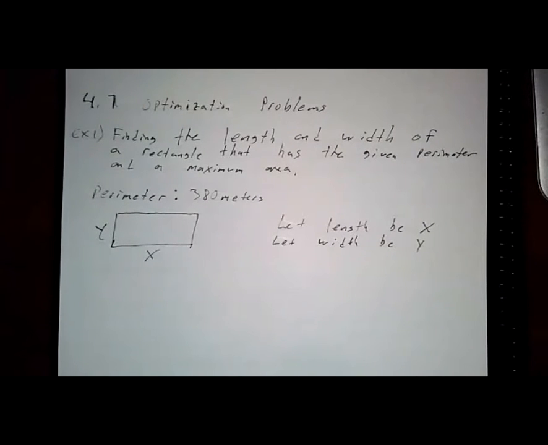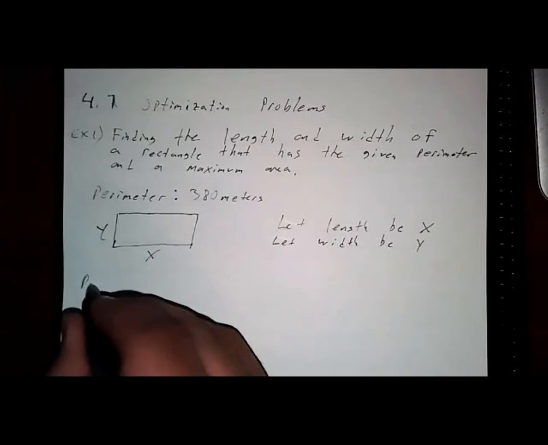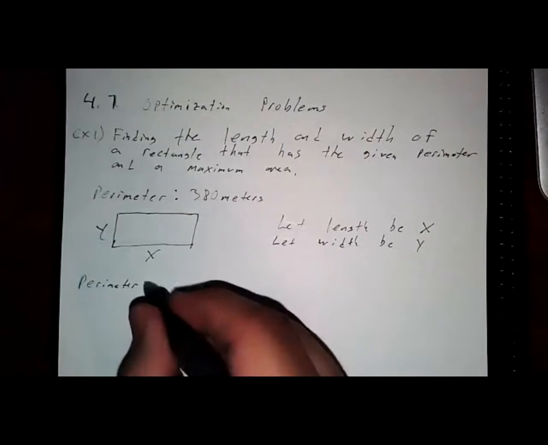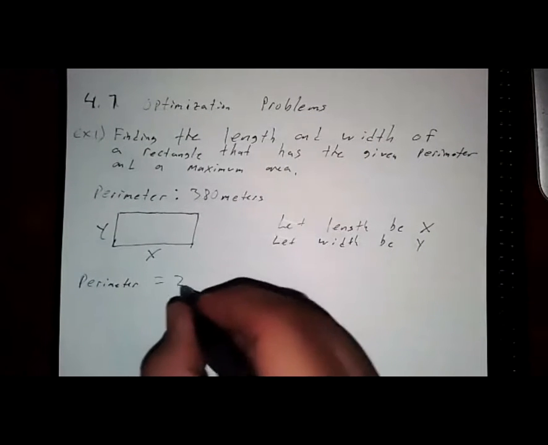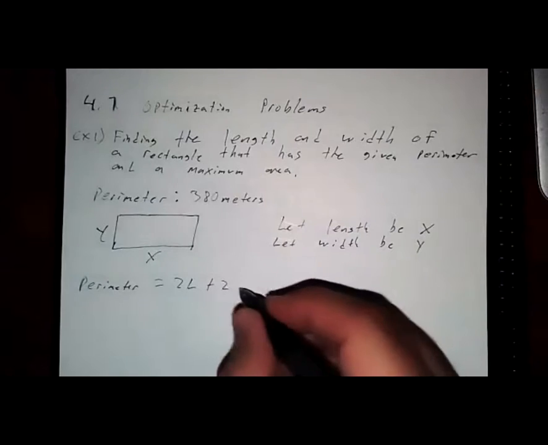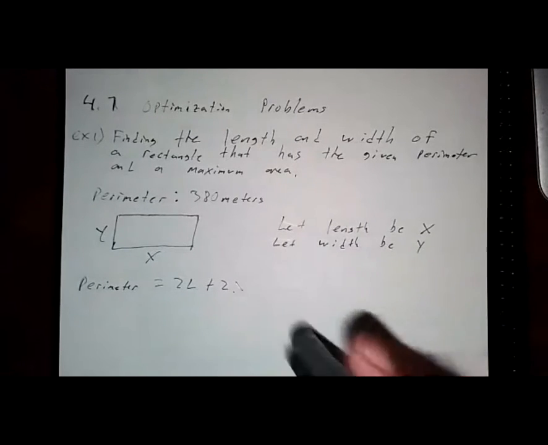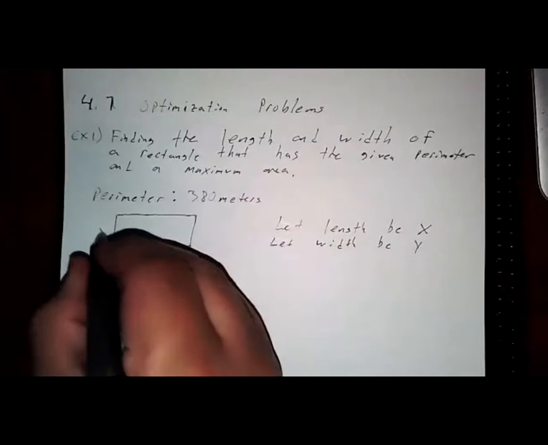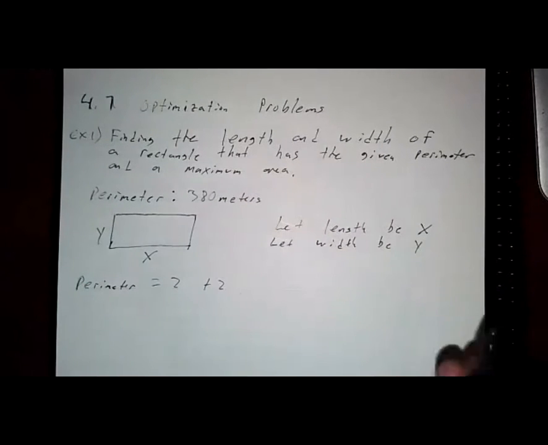Yes. So knowing that, you can already create your perimeter formula, right? Perimeter P equals 2L plus 2W. Well, we called them x and y, so let's use our variables here: 2y and 2x.